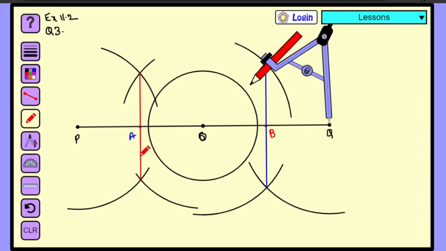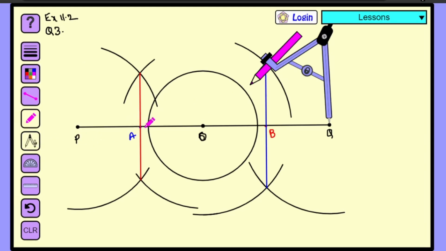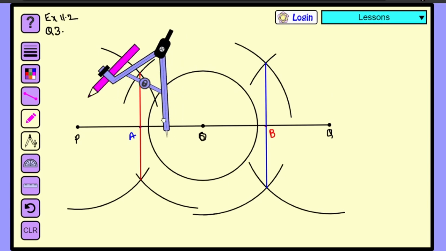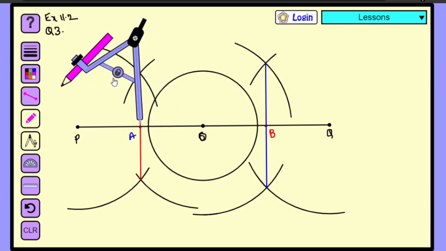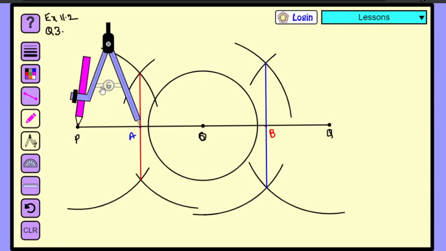Now taking A as center and the radius AP, I'm drawing a circle.